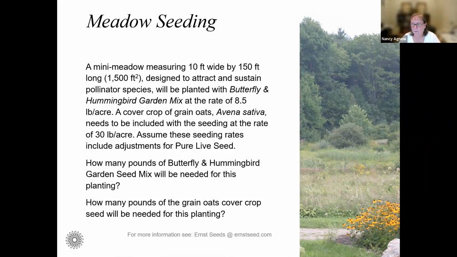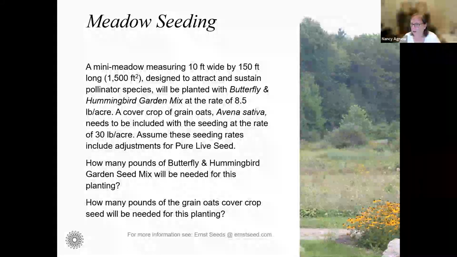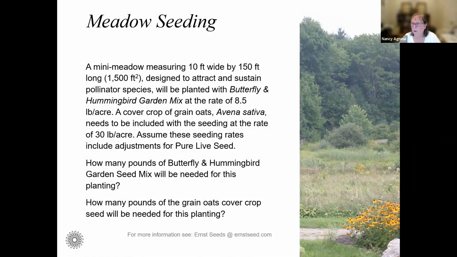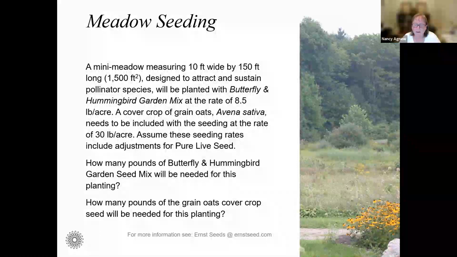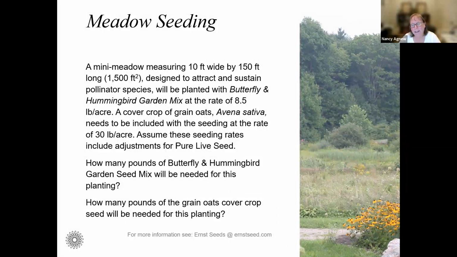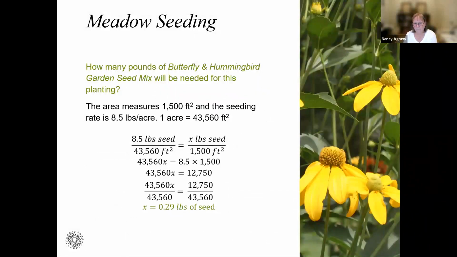Just so you know, if you read through all their materials, there are different cover crop recommendations depending upon the time of year that you're establishing your meadows. So getting back to the math: how many pounds of butterfly and hummingbird garden seed mix will be needed, and how many pounds of grain oats? This is actually a fairly straightforward calculation, but we'll go through it.